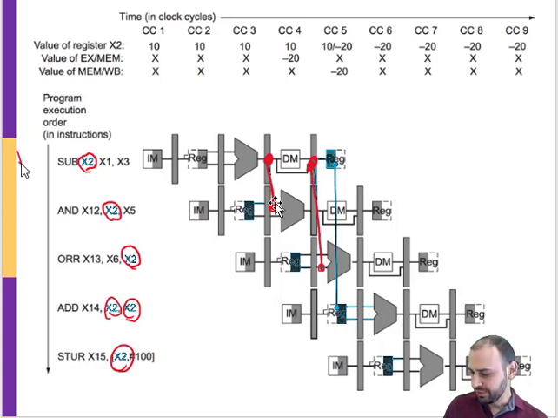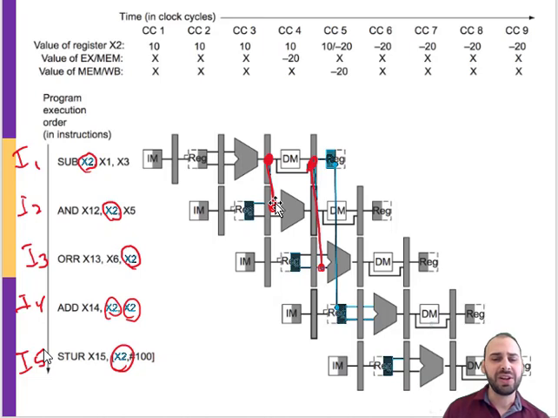If we have instruction 1, instruction 2, instruction 3, instruction 4, and instruction 5, instruction 3 also has this timing issue. It needs the correct value of register 2 at stage 3.